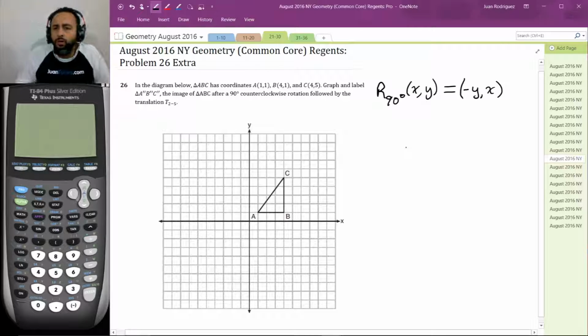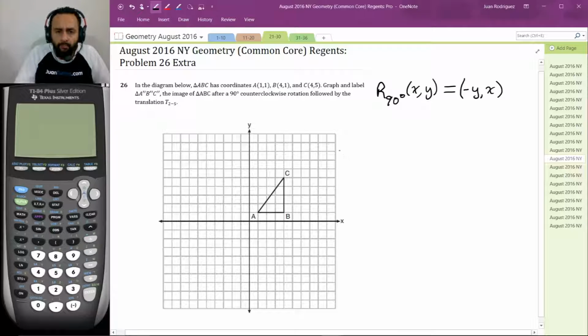That's the formula for rotating 90 degrees counterclockwise. If they don't specify the direction, it's automatically counterclockwise. And if they don't specify the center of rotation, it's around the origin. And that's how I know that this is the specific rotation.